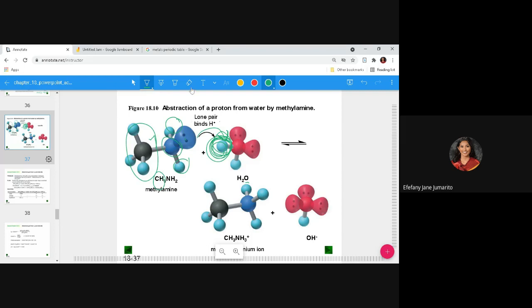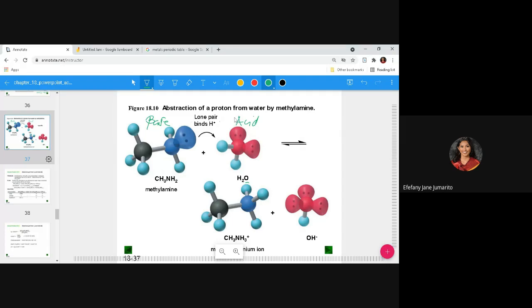Now, if I ask you to determine the base here, what will be your base? What is the base in this reaction? Methylamine. Okay, so we have that base. And who is the acid? H2O. Acid is H2O. You see, class, acid and base always go together.